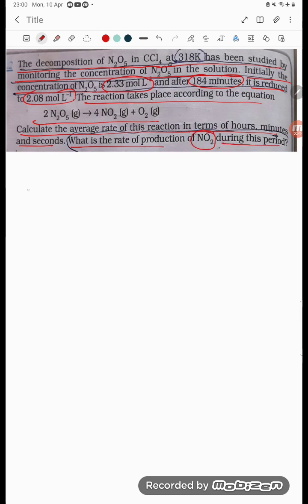So firstly, let us find the rate of reaction. Which rate of reaction? Average rate of reaction. See what concentration they have given: N2O5. So we have to calculate in this term. So we will write 1 by 2, because the coefficient is going to be in the denominator. What will be the other thing?